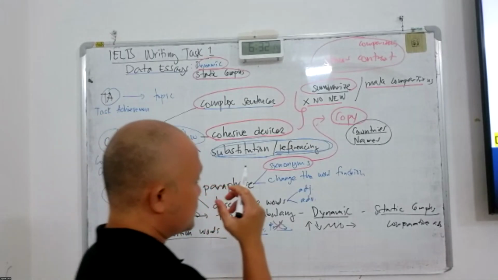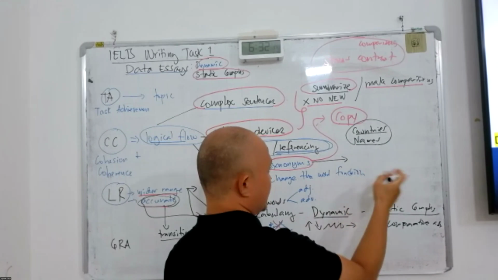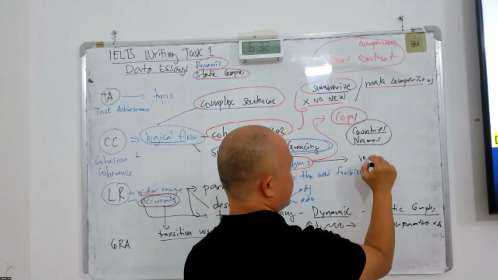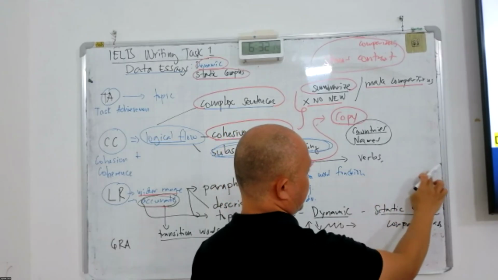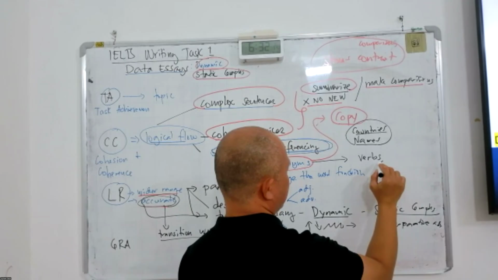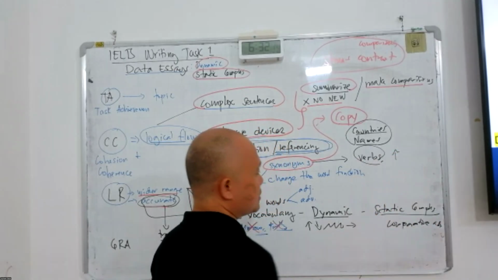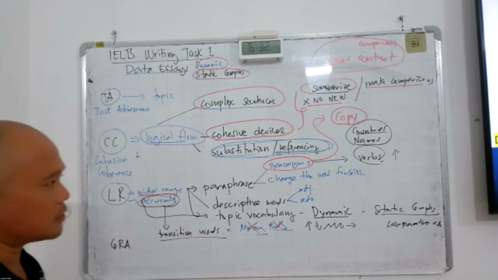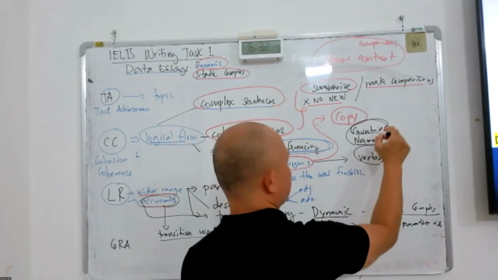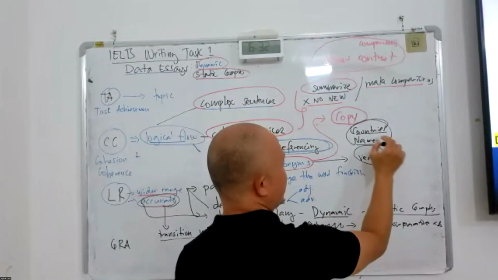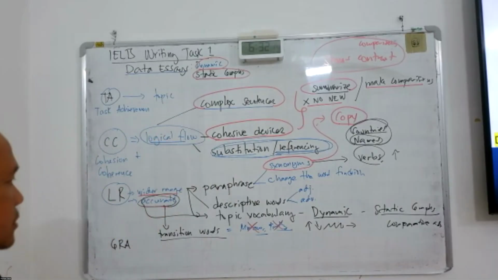Now, the words that can be easily changed to synonyms, most of them are verbs. Some are nouns, but most of them are verbs. For example, describing trends: go up, increase, decrease, and so on. But some nouns, like names of countries and names of people, one cannot simply change into synonyms.